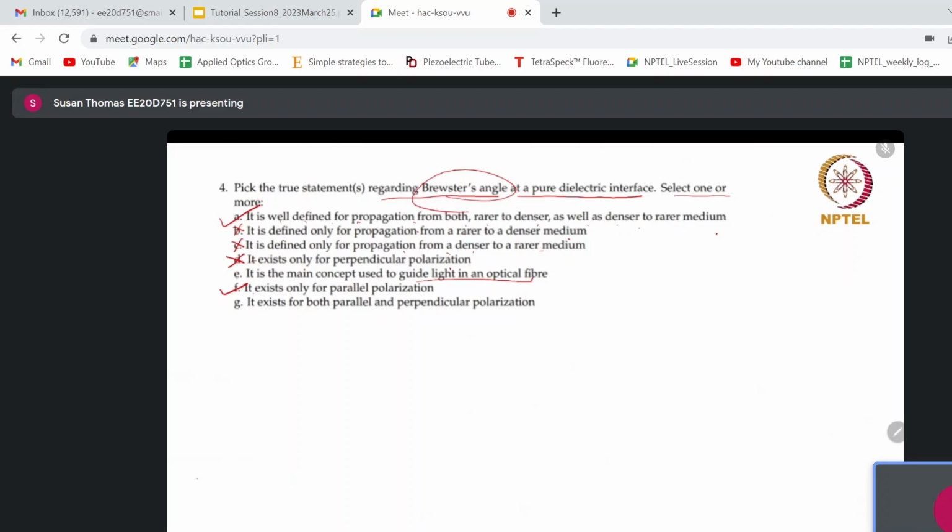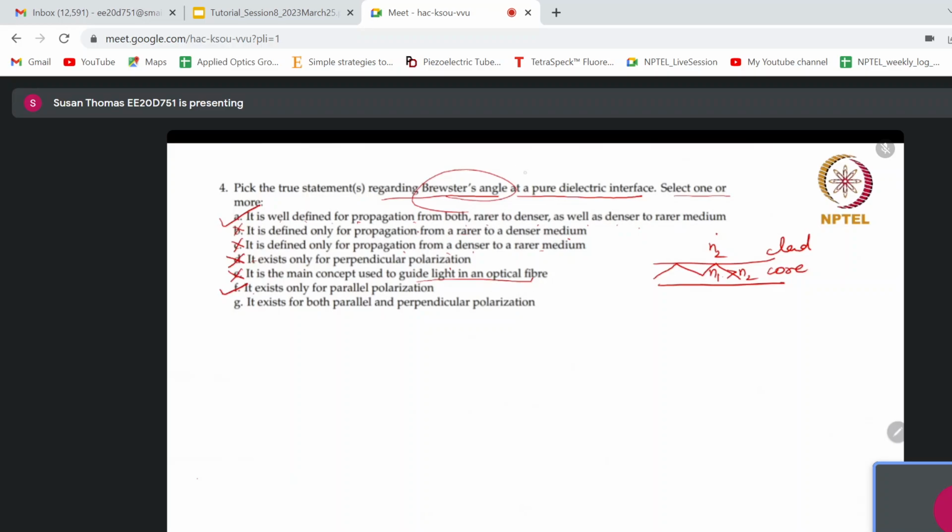Now, another statement is it is the main concept used to guide light in an optical fiber. Is it? No, it is not the main concept used to guide light in an optical fiber. All of us know in an optical fiber we have core and clad. Both are glass with refractive indices N1 and N2, where N1 is slightly greater than N2, and there is a total internal reflection due to which light is guided in the optical fiber.